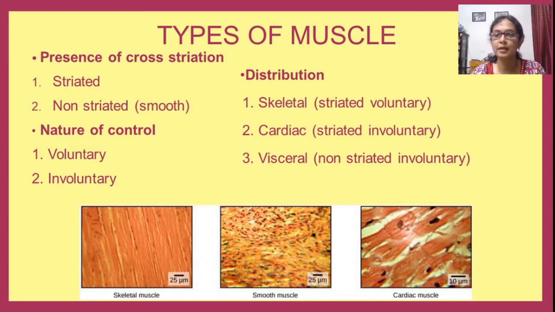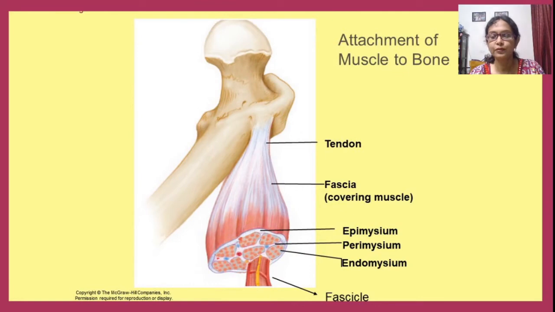And the visceral muscle, that means our internal organs in the abdominal and chest cavity lining, these visceral muscles are non-striated and involuntary. Now, at first we have to know about the skeletal muscle, because muscle contraction is mainly related to the voluntary skeletal muscle.